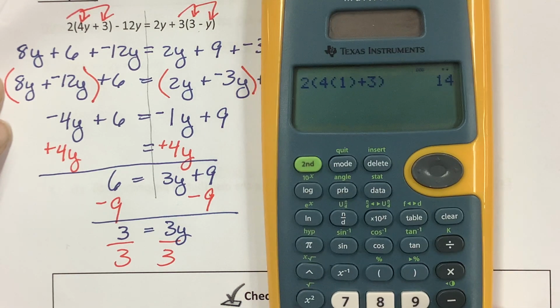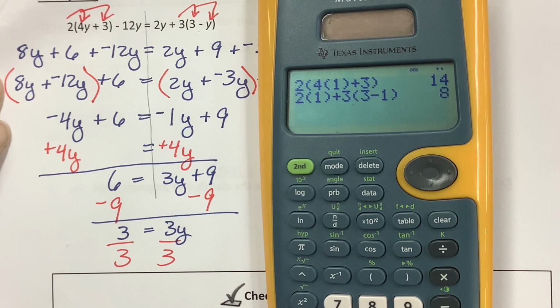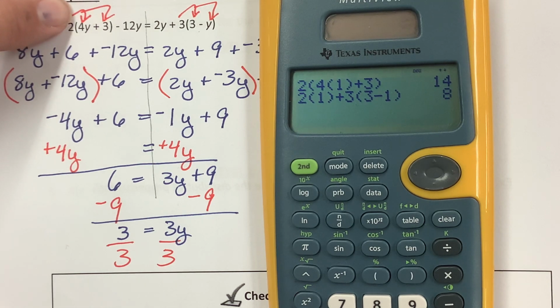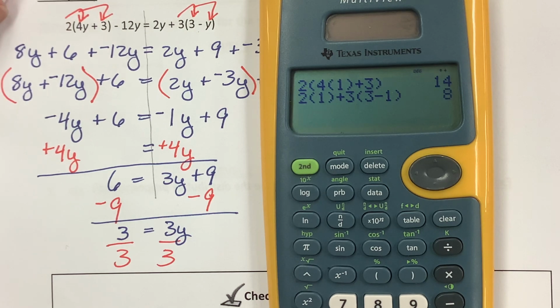Okay. Now the other side. 2 times 1 plus 3 times (3 minus 1). And I did something wrong. What did I do wrong? Oh dear. 4 plus 3 is 7, that's 14. 2 plus.